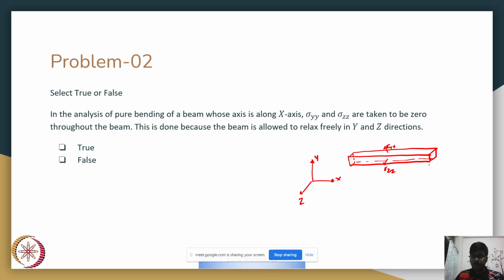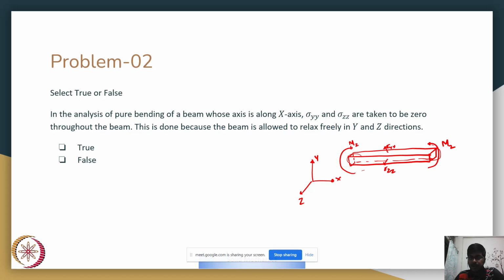If the beam is undergoing pure bending, you could have something like an Mz load, or equivalently you could have My loads as well, equivalent opposite My loads, and they would cause pure bending of this beam. In such a case, there are no other tractions acting on any of the surfaces apart from, say, the N2 surfaces. And in this case, the beam can freely move along y and z direction till it reaches its equilibrium state.